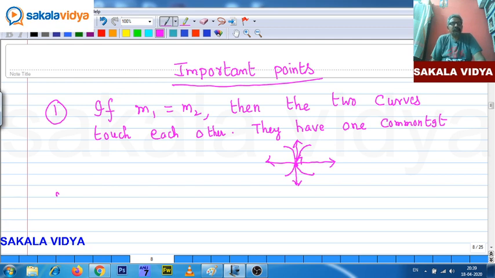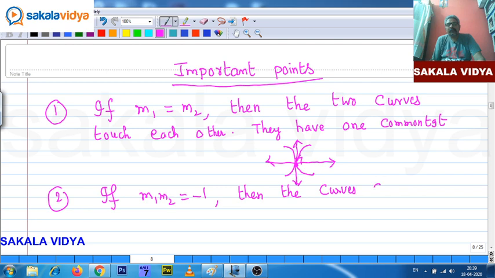Suppose if m1 into m2 equals minus 1, then the two curves cut each other orthogonally.